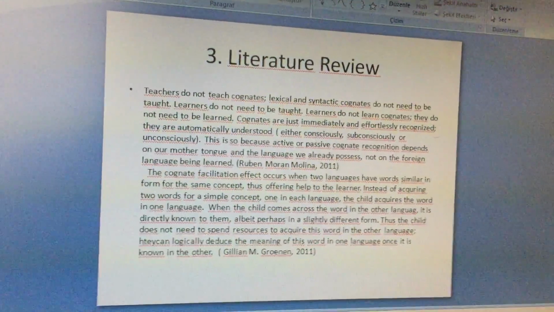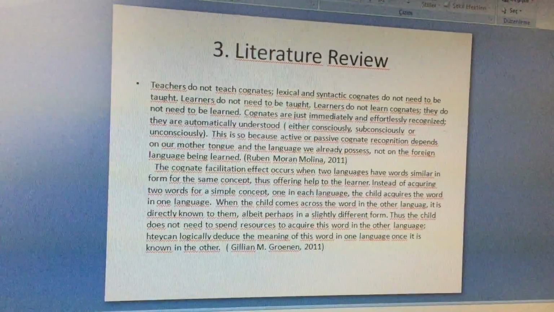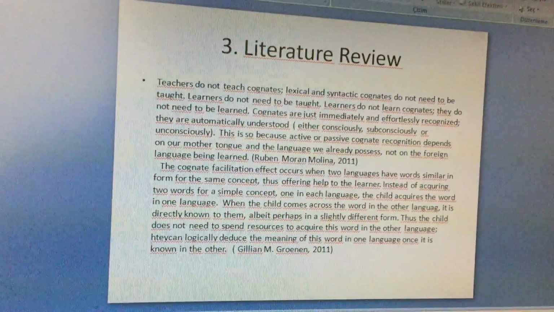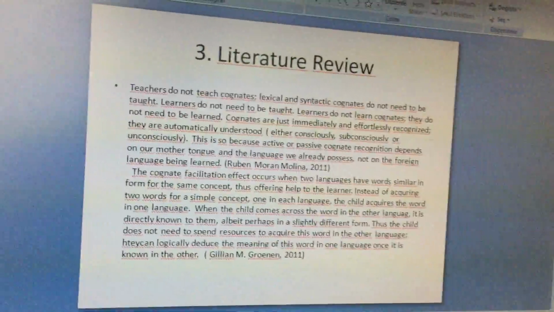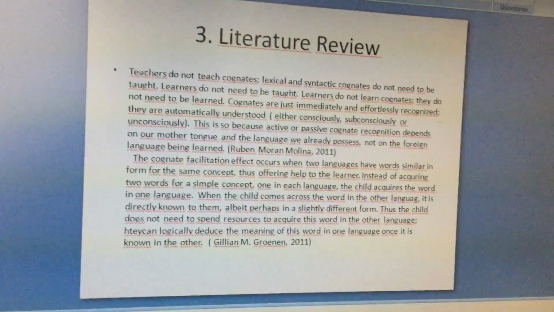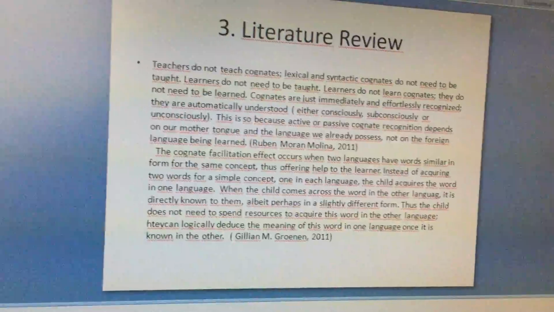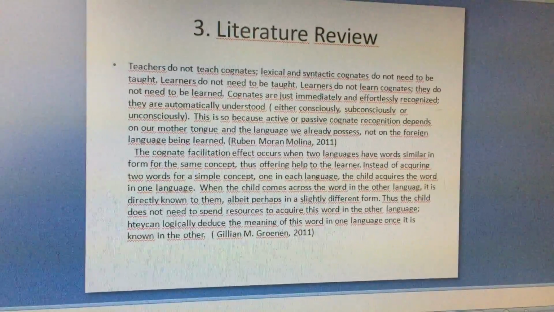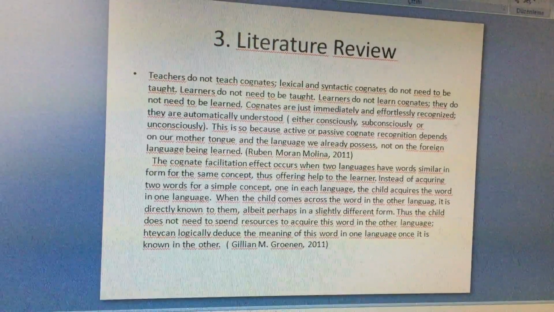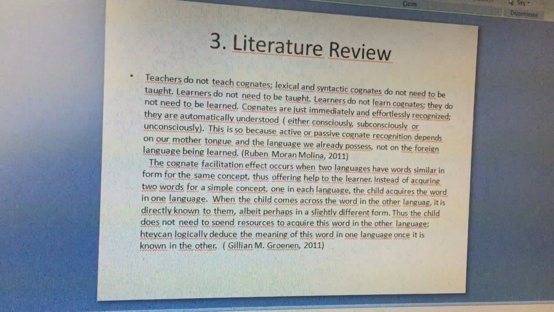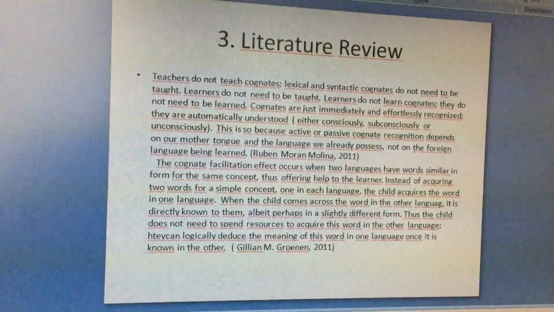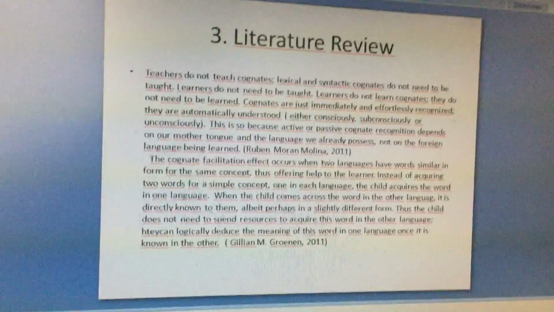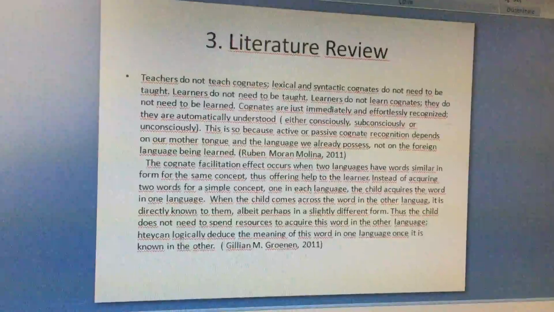Learners do not need to learn cognates, because cognates are immediately and effortlessly recognized. They are automatically understood, either consciously, subconsciously, or unconsciously. This is so because active or passive cognitive recognition depends on our mother tongue and the language we already possess, not on the foreign language being learned.